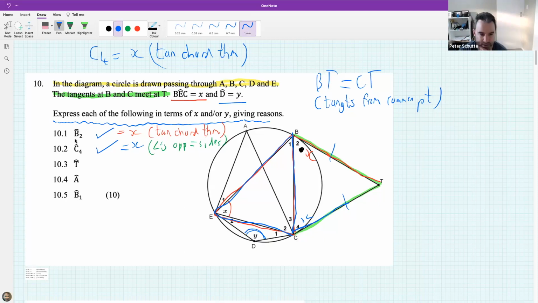Okay, next one. Let's find t. Can you find t in terms of x? In fact, do all three. Try and do all three now. See if you can get T, A, and B. And keep popping your stuff in the chat.